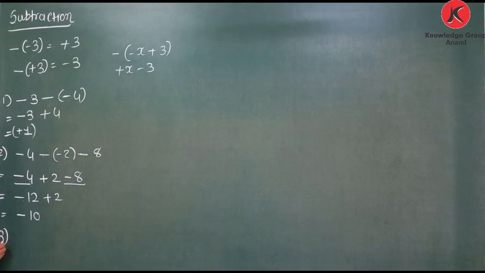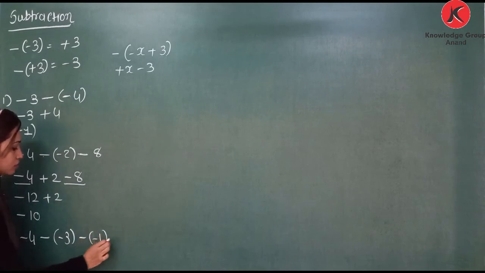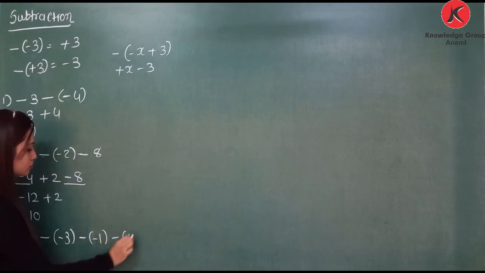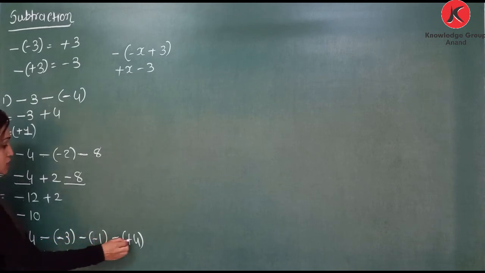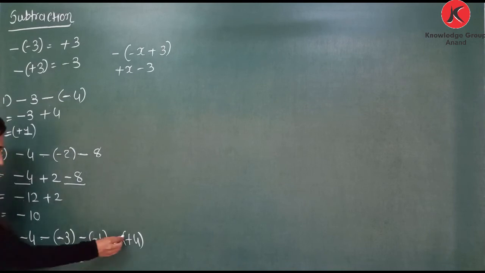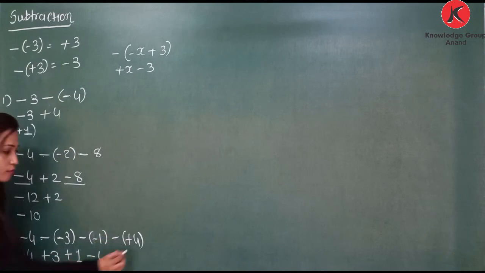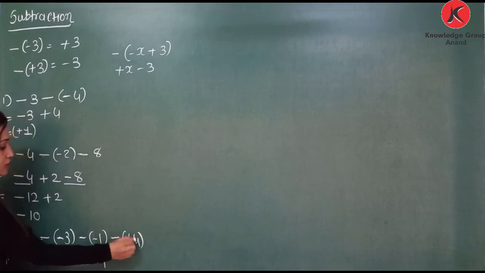Okay, next, minus 4 minus 3 minus 1. Now here, negative sign, minus 4, minus plus, so that is plus 3, minus plus, so here plus 1, minus plus, one negative, one positive. 4 is positive, the minus sign applied will be negative.